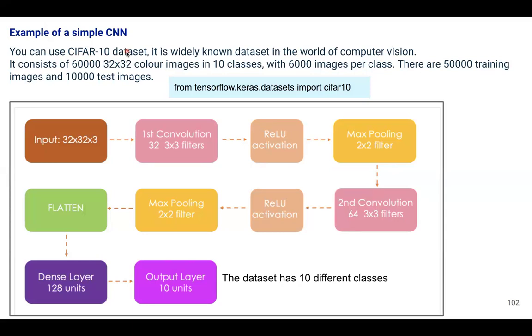It is a widely known dataset in the world of CNN, which is also known as computer vision. It's a really cool name, computer vision. And this has many colored images and 10 classes. So this is something you can use to quickly try out what we just discussed today.